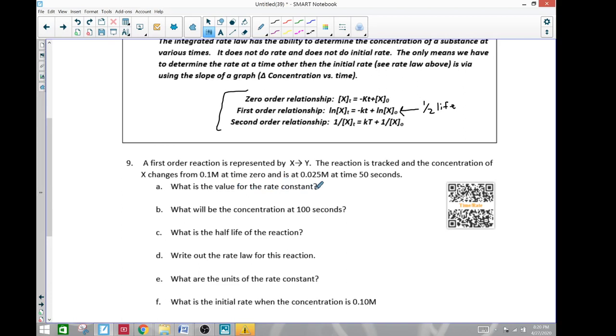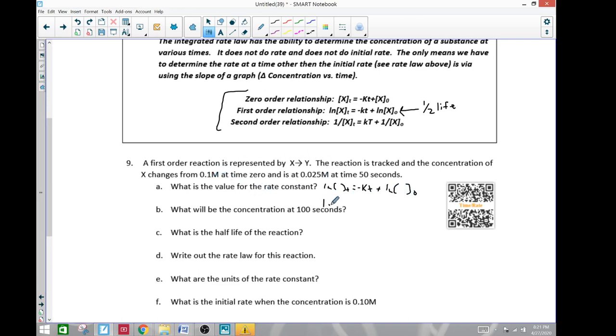Okay, so there's a couple of ways you can do this. Probably the most straightforward one would just be using the equation. Natural log of the concentration at time t equals negative k t plus the natural log of the concentration at time 0. Y equals mx plus b. This is where it crosses the 0 point. So plug our stuff in here. Okay, we have two concentrations.